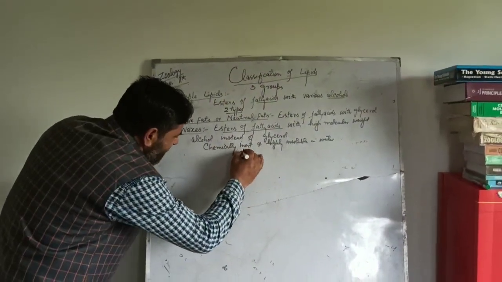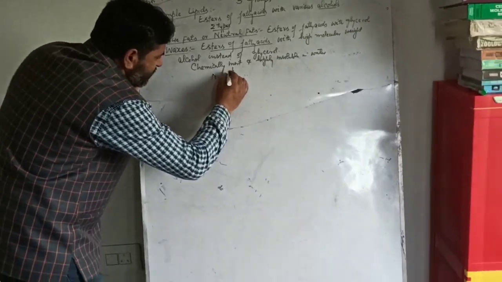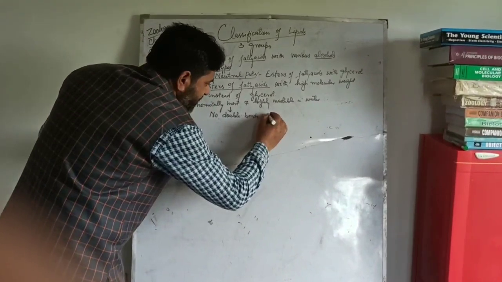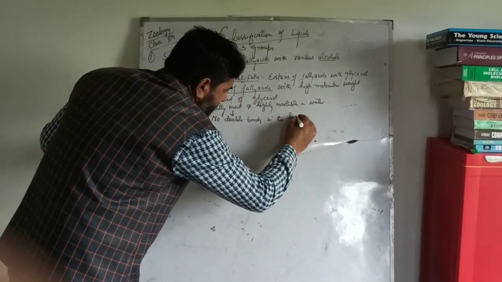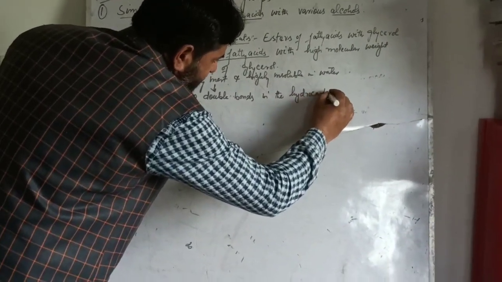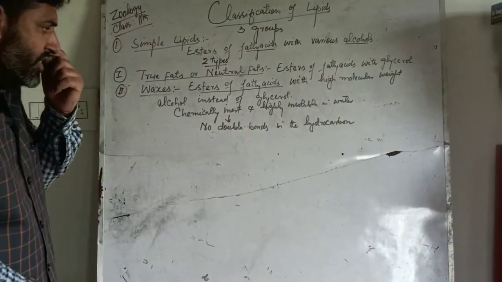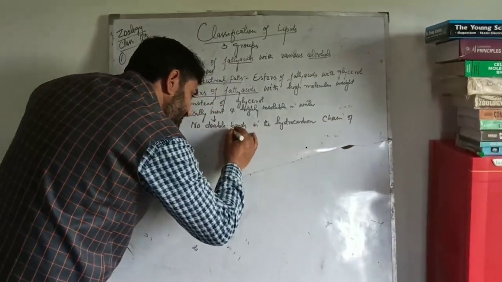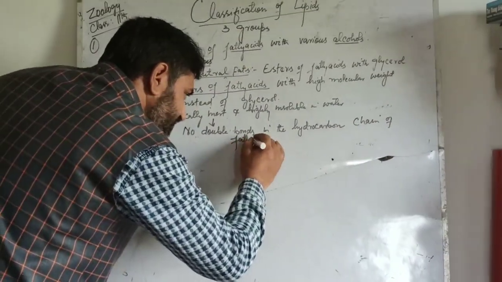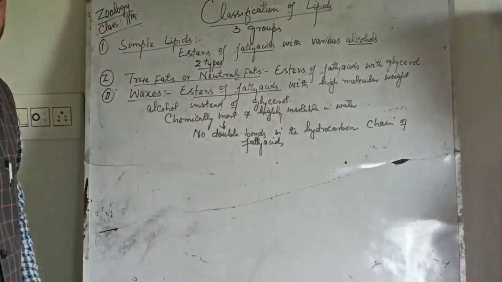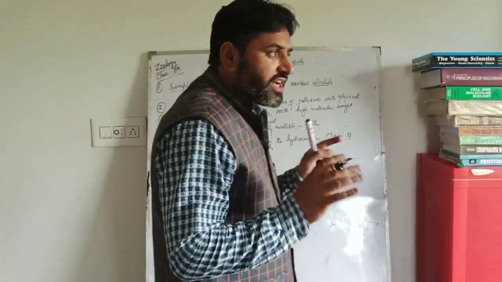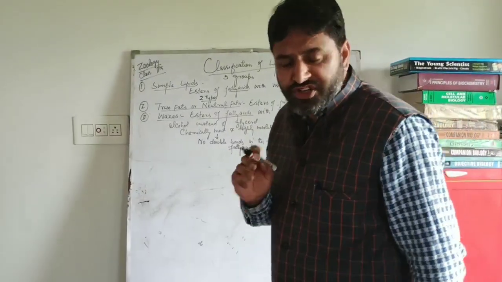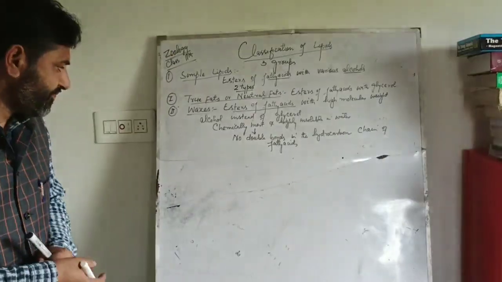The reason is that they contain no double bonds in the hydrocarbon chain of fatty acids. So that is why they are chemically inert. They only contain single bonds in the hydrocarbon chain of fatty acids.